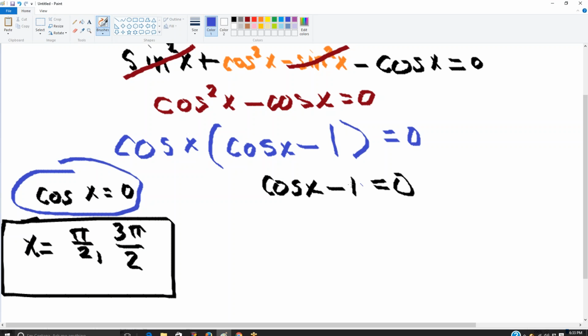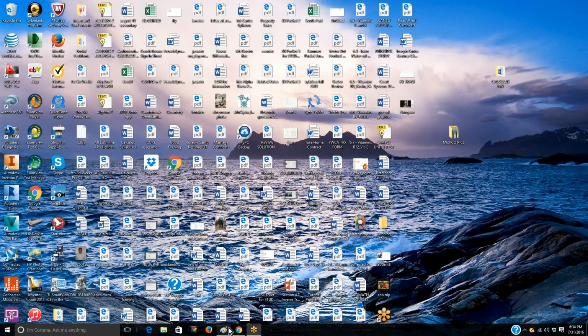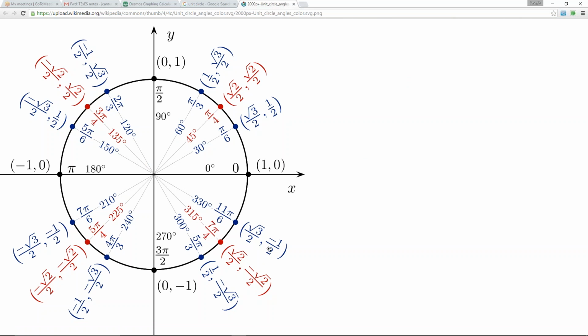Then the next one is going to say, if you solve for x, cosine of x equals 1. So where is your x-coordinate 1? It's only 1 right here at 0.